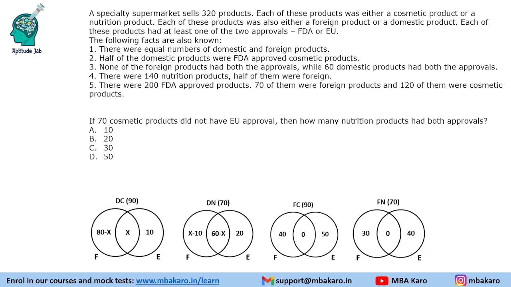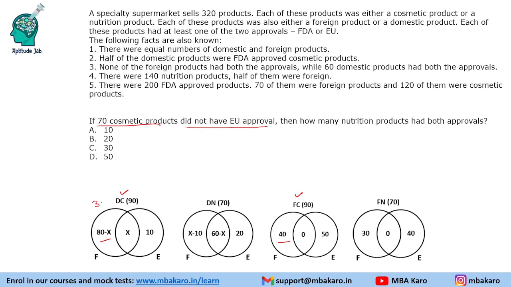If 70 cosmetic products did not have EU approval, then how many nutrition products had both approvals? So 70 cosmetic products, so we need to check these cosmetic products, did not have EU approval. So here 40 do not have EU approval. Okay, so that means it is saying that 70.